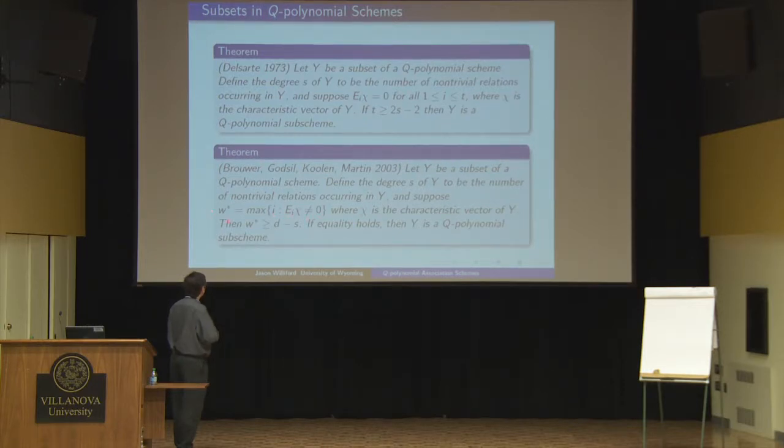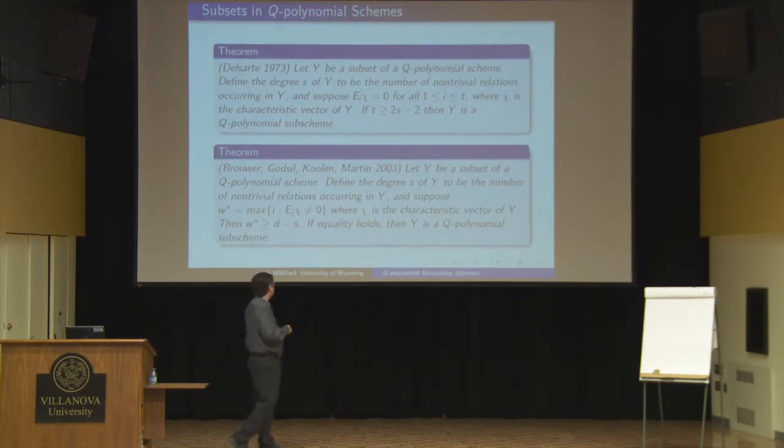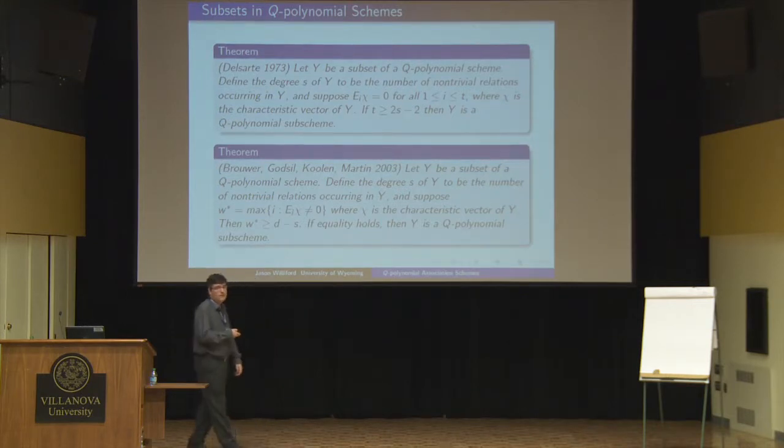Of course, it's possible that's just d, which is not very interesting in that case, but it could be something smaller. They came up with a bound for the dual width, and again, S is the number of relations in the set. If this is tight, once again, you get a Q-polynomial subscheme. I'll briefly mention this second result later.